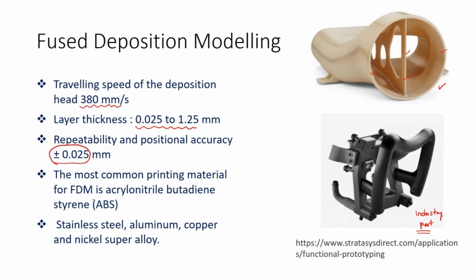The most common printing material which is used in FDM is ABS, that is acrylonitrile butadiene styrene. But my friends, we can also use stainless steel, aluminum, copper or nickel superalloys to generate the 3D models using the FDM methodology.